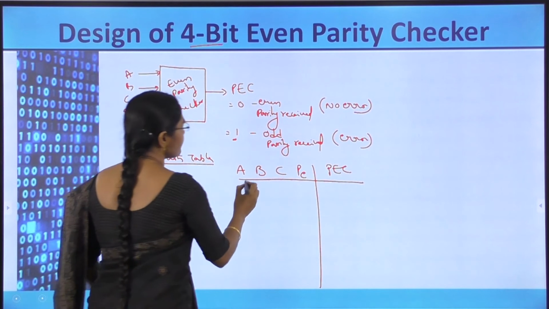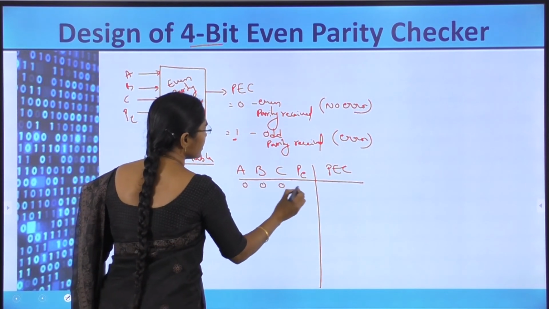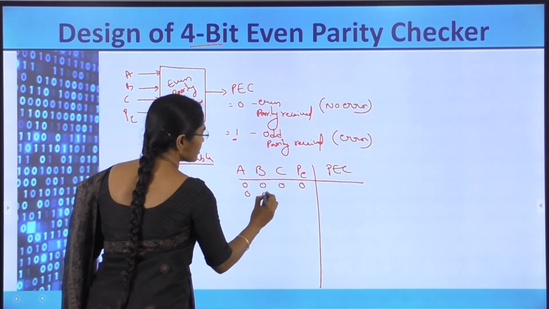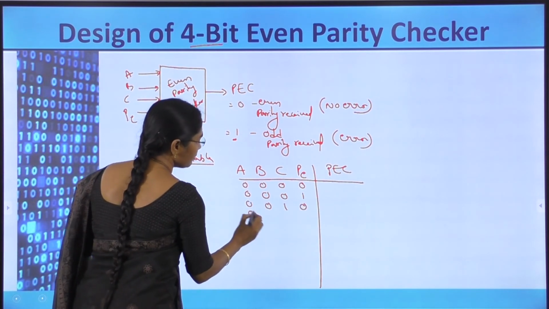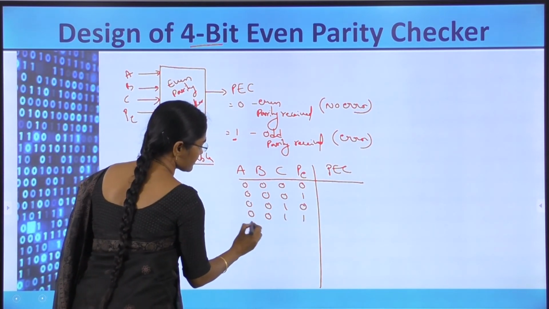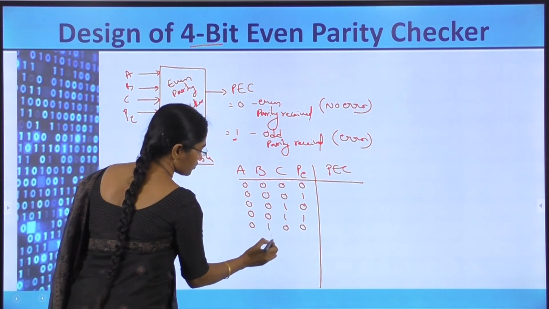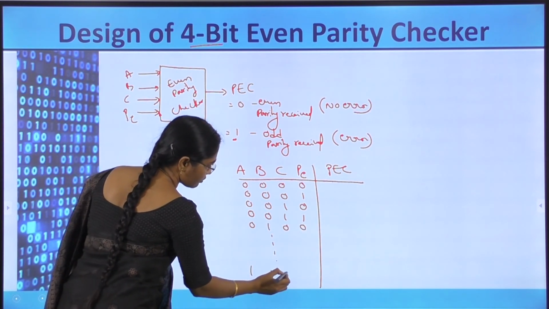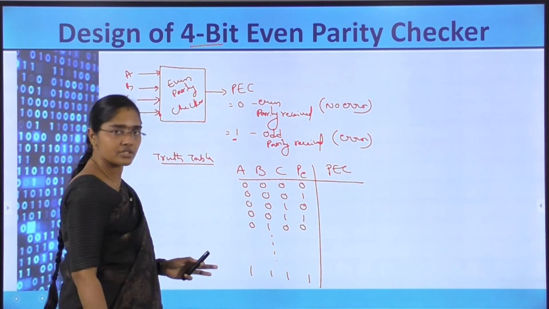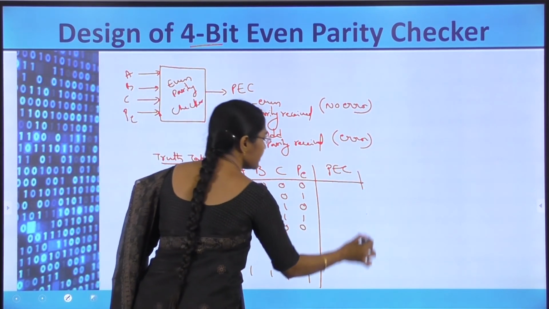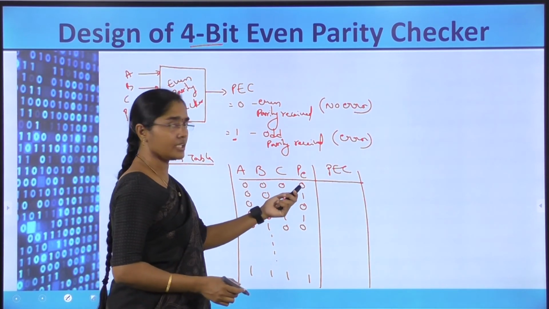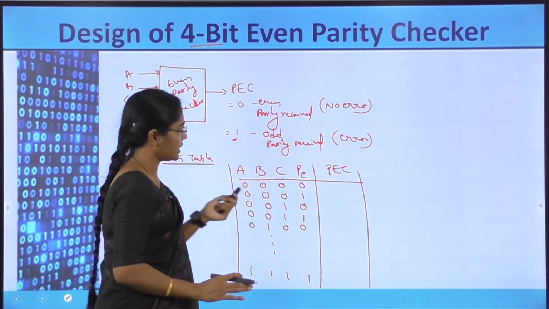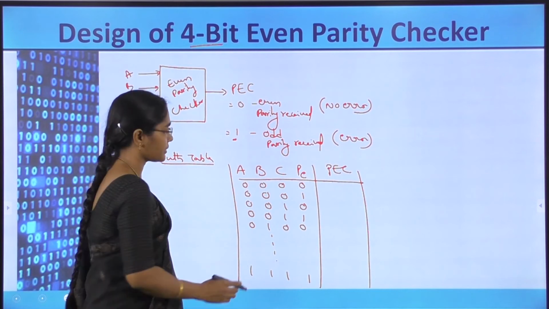Since 4 inputs are there, this truth table consists of 16 combinations in total. Fill the PEC bit for the 16 combinations. What is PEC? If even parity is received, the output is 0. If odd parity is received, the output is 1.